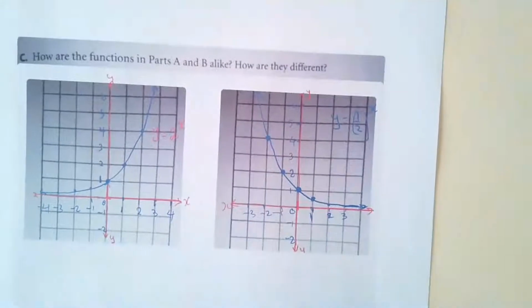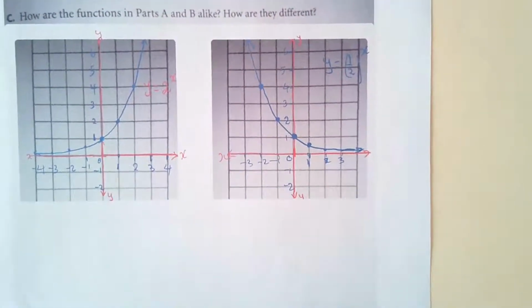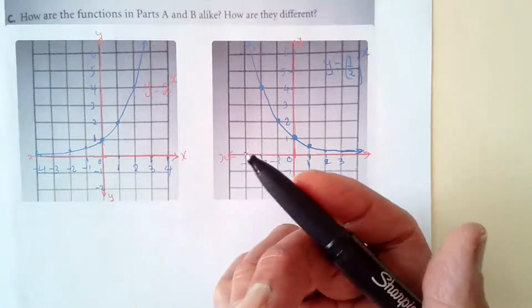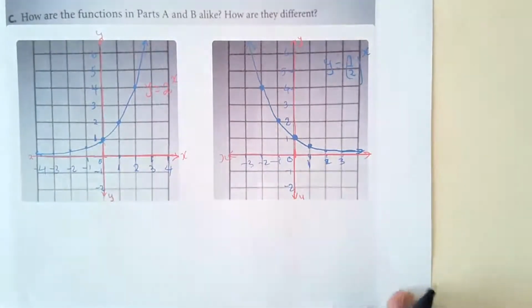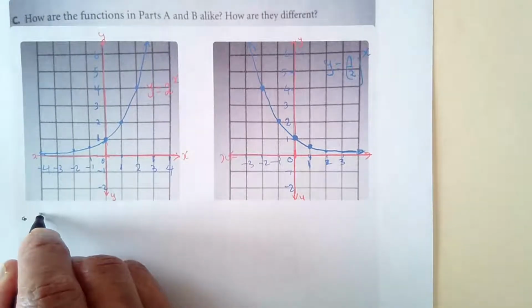Now let's compare these two graphs, and I put them together here. How are these two functions alike, and how are they different? Notice they have a similar shape.